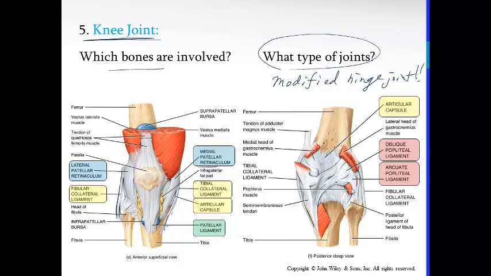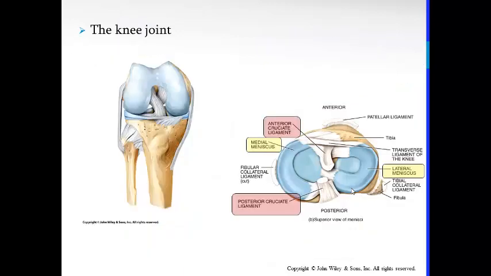Okay. Now let's take a closer look without all those other ligaments showing. So you can see the medial condyle, as well as the lateral condyle and regions. So if we were to take away the top portion, you should be able to see the meniscus.